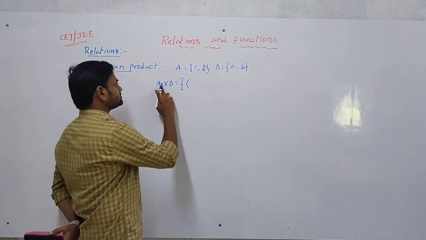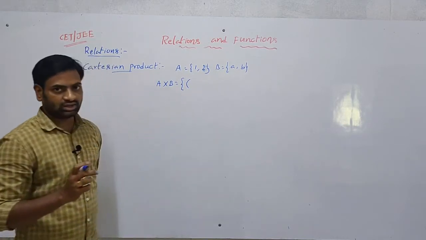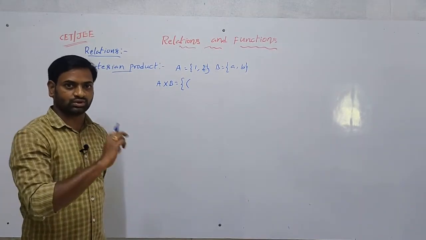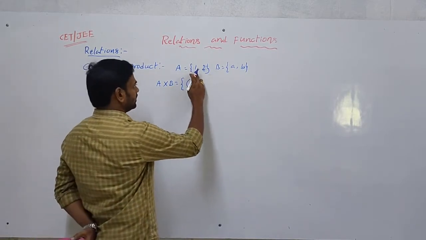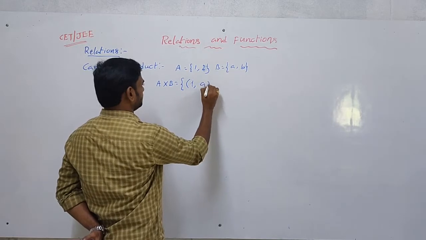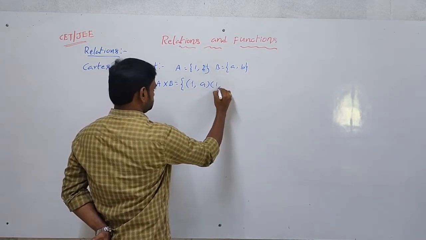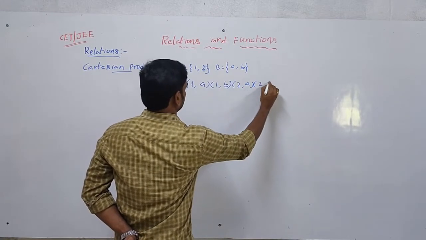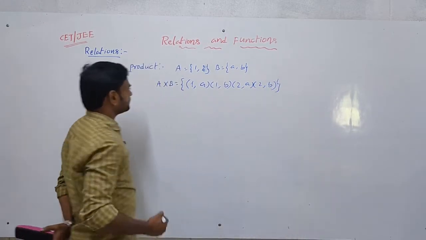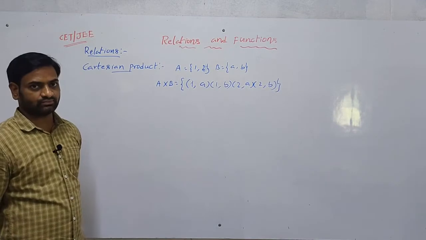What are the ordered pairs? In the ordered pair, the first element should belong to A, the second element should belong to B. That is (1, a), next (1, b), next (2, a), (2, b). This is A cross B.